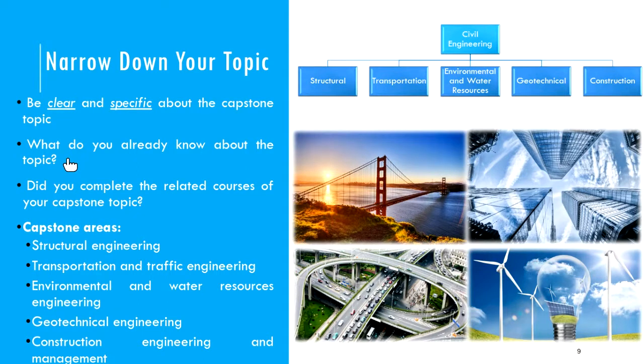That's okay, that's acceptable. That's learning from others and trying to use their knowledge in your specific field. Did you complete the related courses for your capstone topic? You should ask yourself this before you choose a specific topic. And as I mentioned, the capstone areas are listed here in this figure.